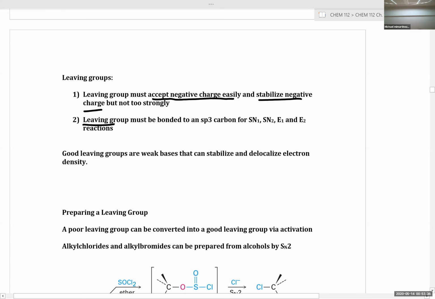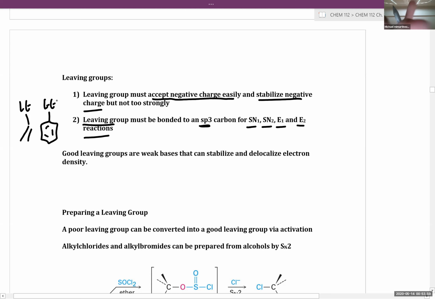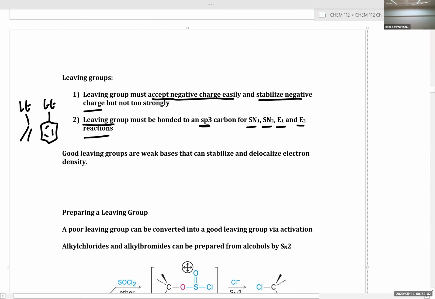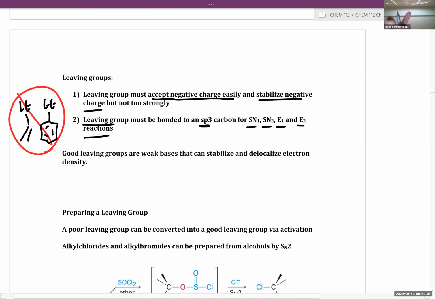The leaving group must be bonded to an sp3 carbon for SN1, SN2, E1, and E2 reactions. So your vinylic species and your aromatic leaving groups are not typically reactive under SN1, SN2 substitution and elimination conditions.